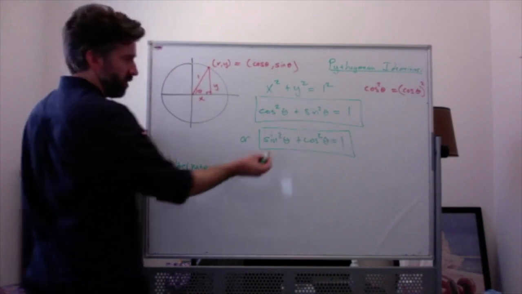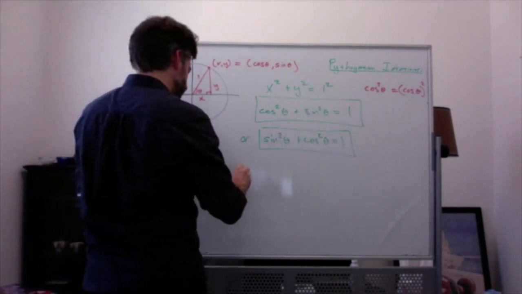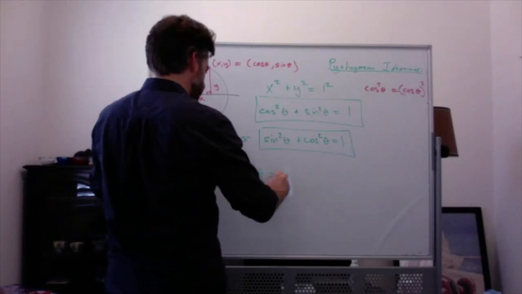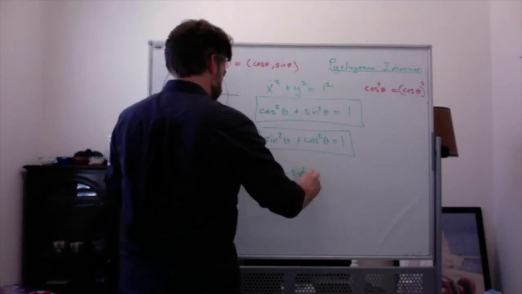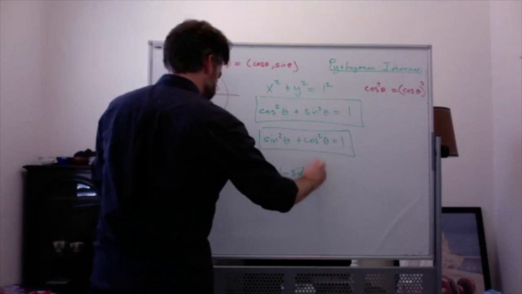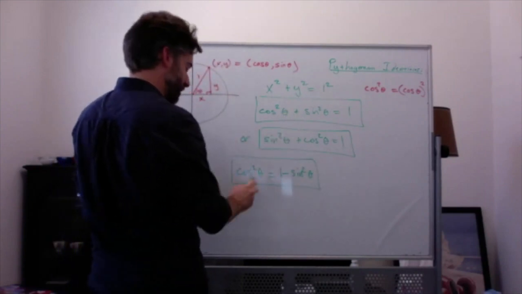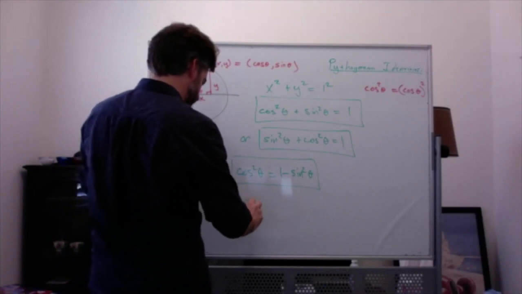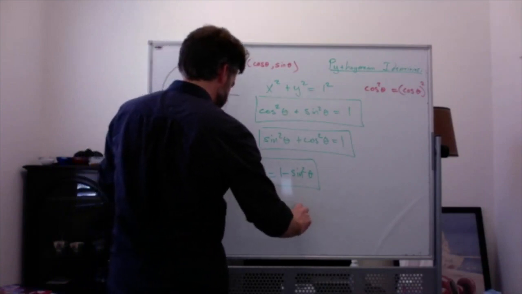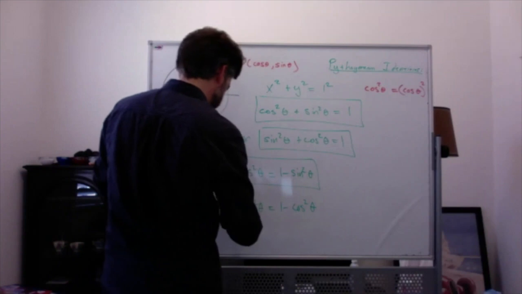So if I subtract sine squared from both sides, I can say cosine squared theta equals 1 minus sine squared theta. And if I subtract cosine squared from both sides, I can say sine squared theta equals 1 minus cosine squared theta.